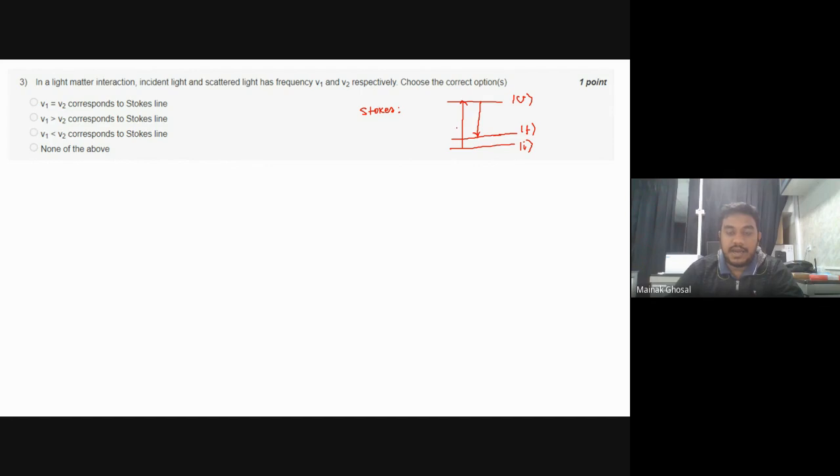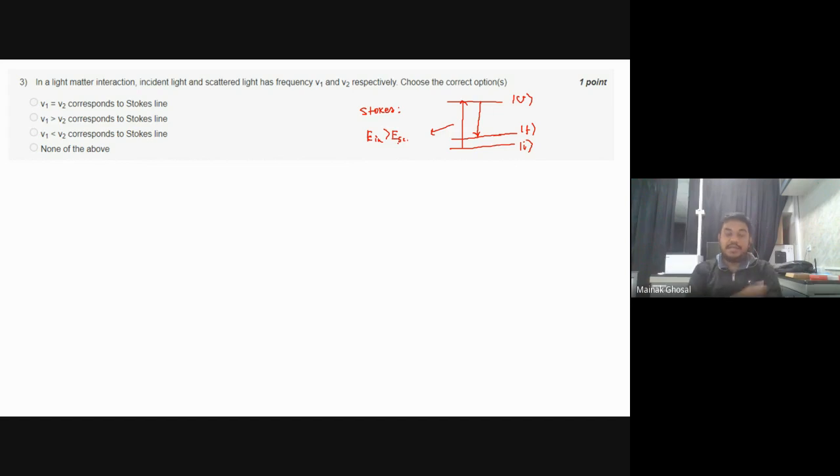So you can see that the energy associated with the incident radiation, which I write as E IN, is greater than the energy associated with the scattered radiation, E SC.